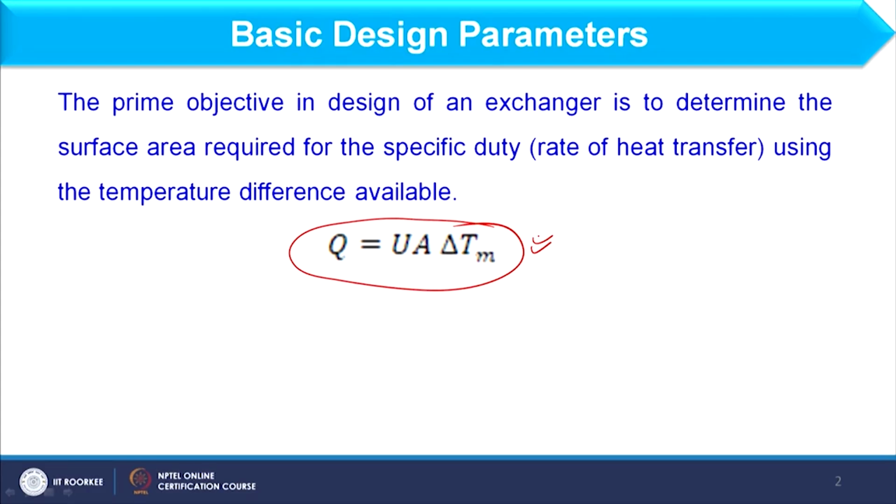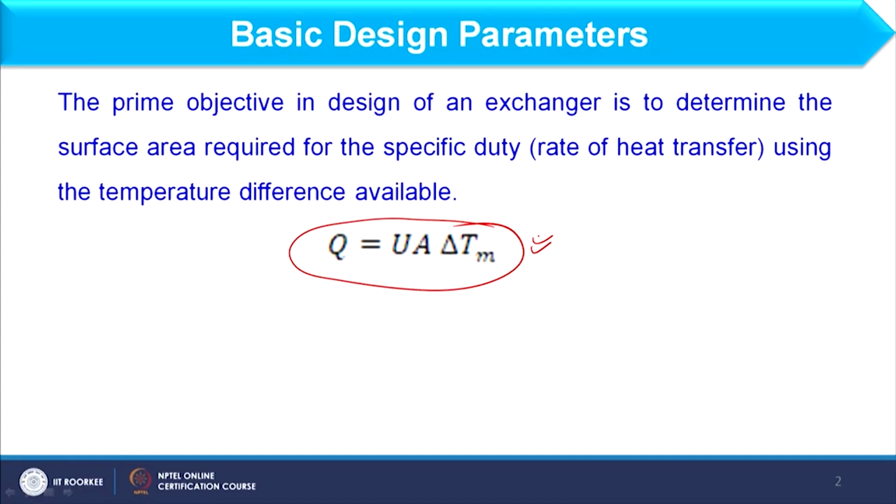Heat duty means the capacity of transferring heat from one fluid to another fluid. Okay. And that should be in balance, that is the mCp dt of one fluid should be equal to mCp dt of another fluid. So, as far as heat transfer is concerned, we have two basic equations. First is Q is equal to mCp dt, and second Q is equal to UA delta T mean.